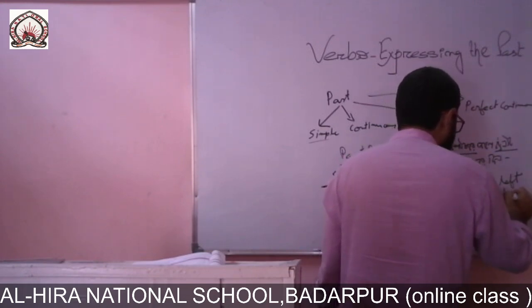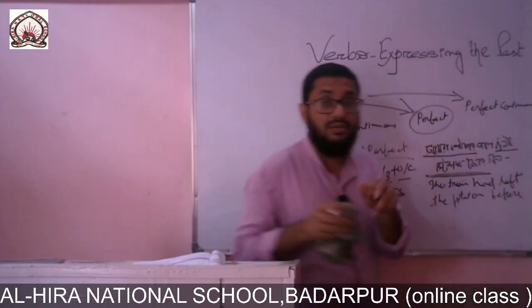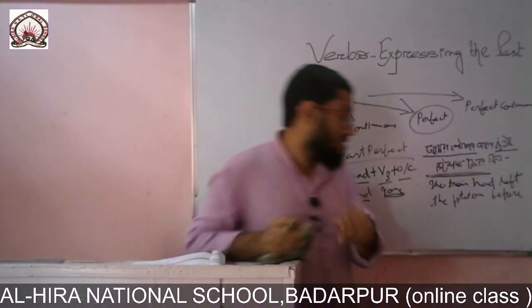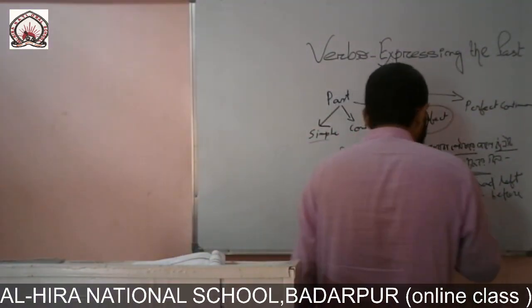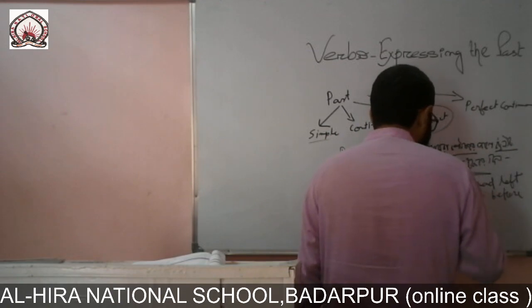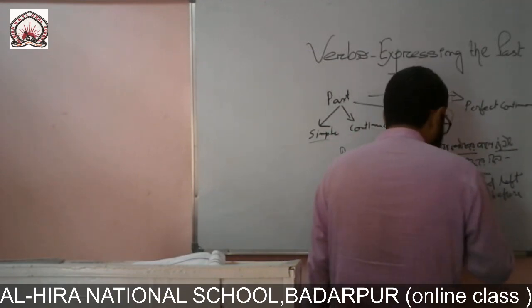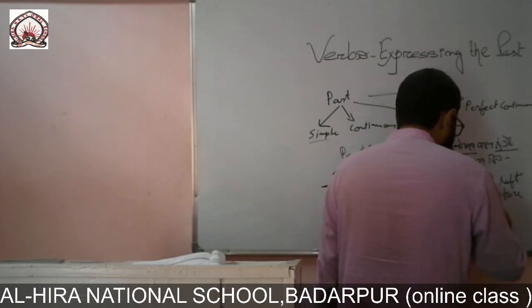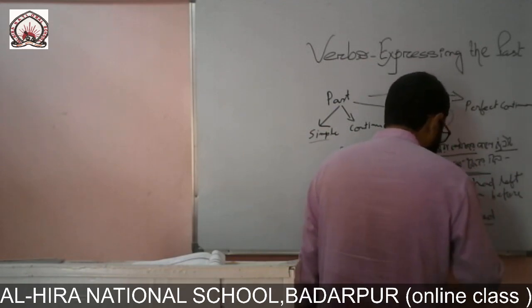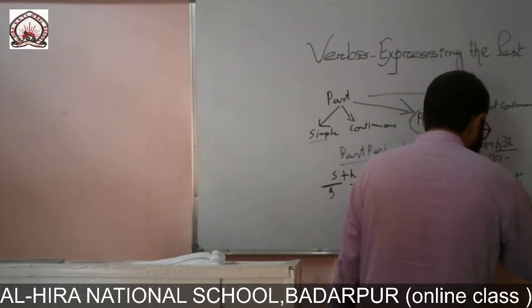Then second part. For the second part we have to use, as I told you earlier, simple past tense. Who is the subject in the second part? In the first part the train was the subject, in the second part it is we, then reached, second subject plus verb, the station.